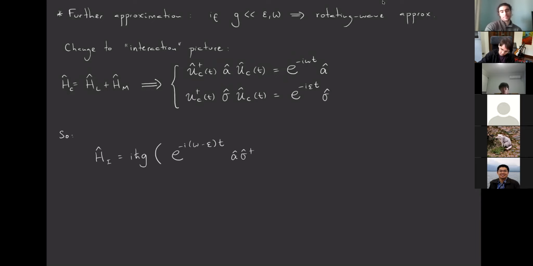So we have this, and then we have another piece in here that has a similar expression, but now looks like this.